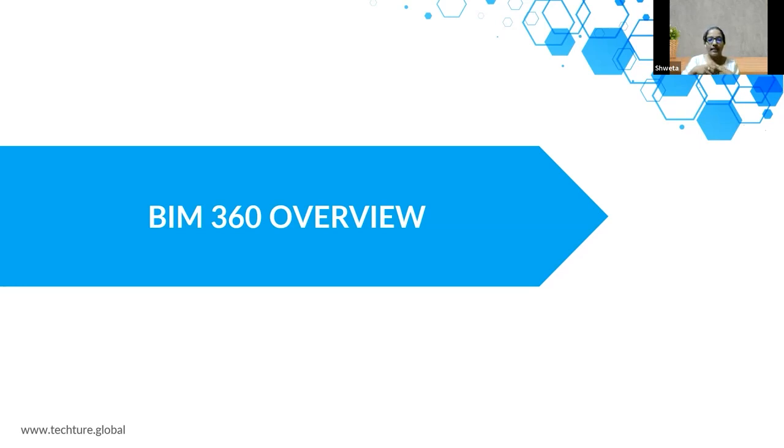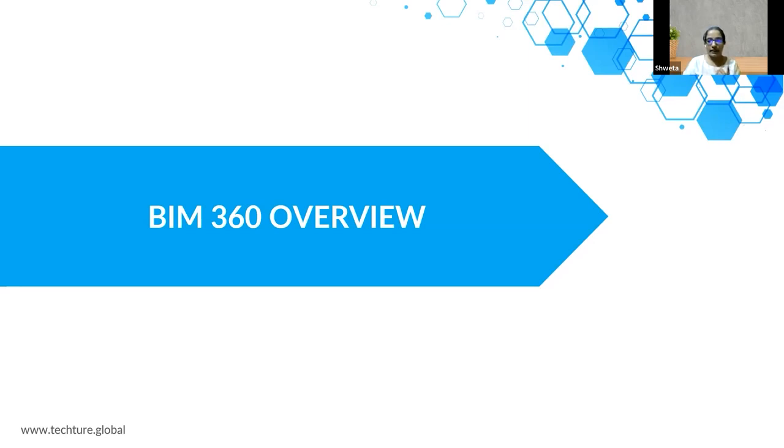So it has made people's life very easy when you want to get information of a project from anywhere in the world. And you don't need high configuration computers, like you don't need a good RAM or anything to actually access a Revit file, but you can access it on the cloud, and it will give you a lot of information. So we'll study how that happens. So just keep two things in mind.